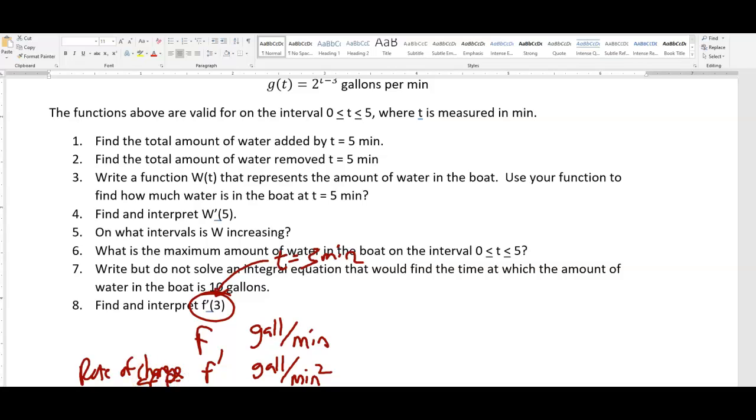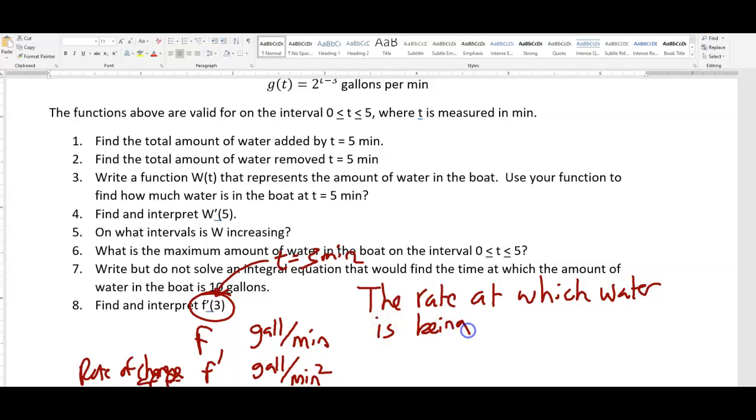And what does f represent? Well, f represents the rate at which the water is entering. So the interpretation would go like this. The rate at which water is being added, that's just the contextual way of saying f.